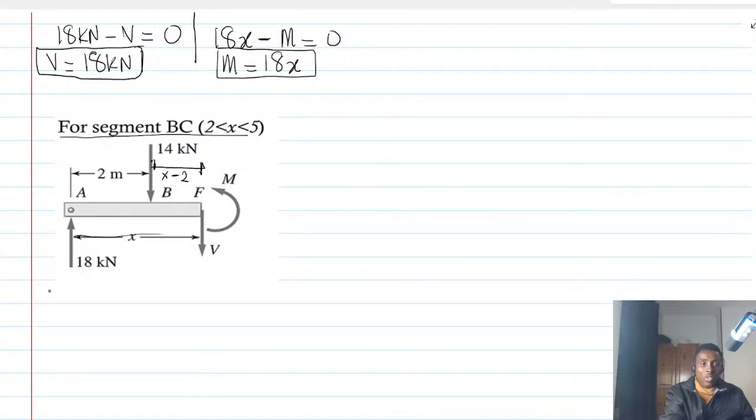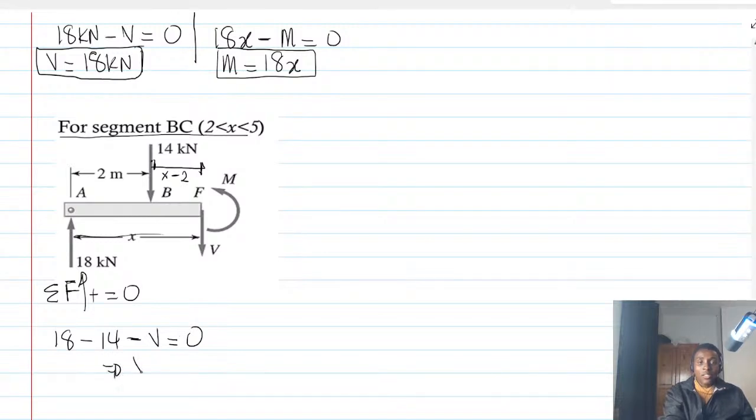So now we are going to sum forces again and sum moment. So summation of forces, every force going up is positive, should be 0. Is that right? So from here, we can say that 18, which is going up, 14 is coming down, so minus 14. V is also coming down, so minus V is 0.